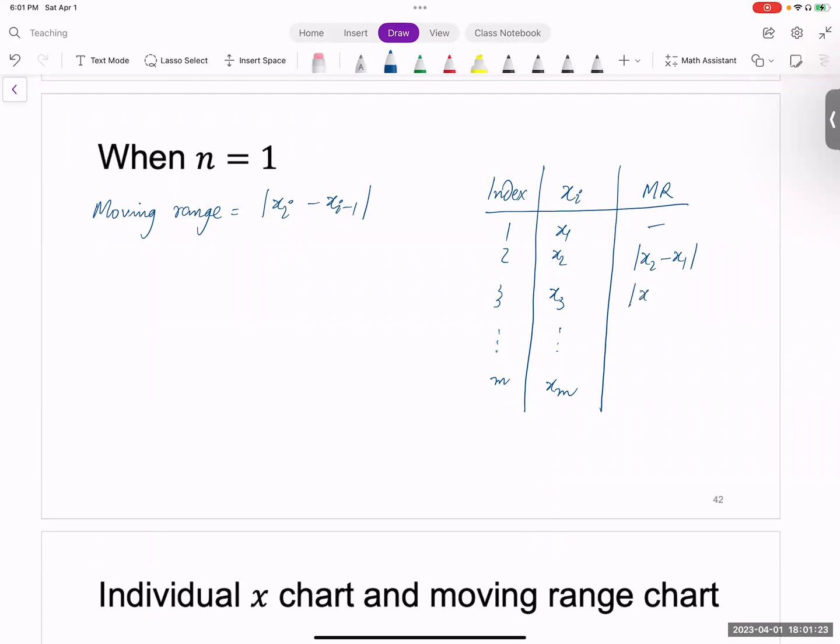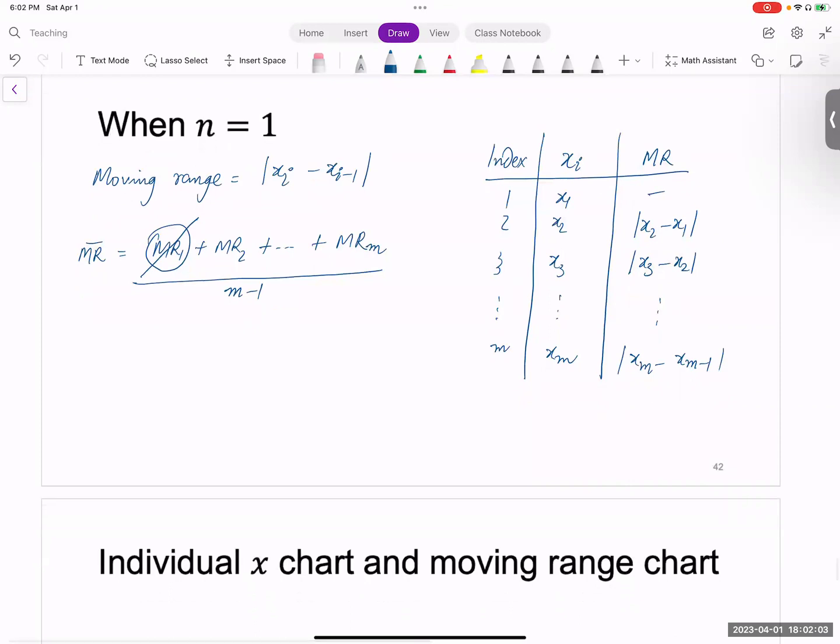For the third sample, it is the absolute value of x3 minus x2, all the way up to the absolute value of xm minus xm minus 1. Now I can compute MR bar equals MR2 plus MR3 plus ... up to MRm. We don't have MR1, we start with MR2. Then I'm going to divide this by m minus 1, because we only have m minus 1 moving ranges.